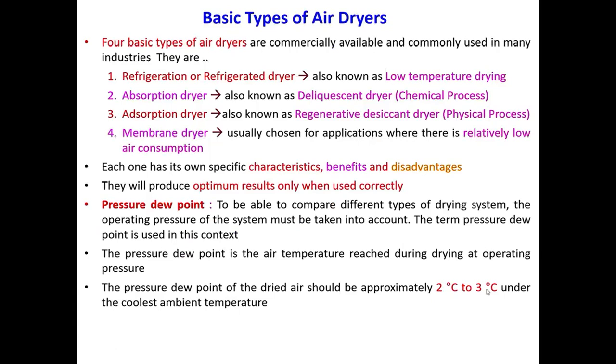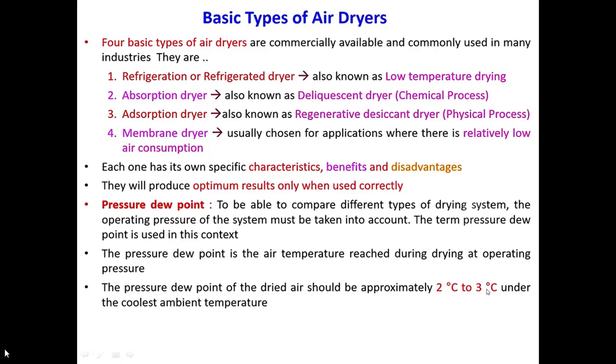There are refrigeration, also known as low temperature drying; absorption dryer, also known as deliquescent dryer, a chemical process; adsorption dryer, also known as regenerative desiccant dryer; and membrane dryer, usually chosen for applications where air consumption is relatively low. Each one has its own specific characteristics, benefits, and disadvantages. They will produce optimum results only when used correctly.